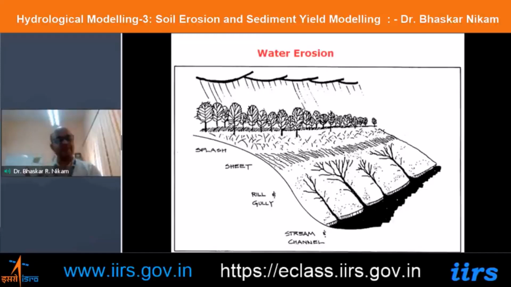But in case the rainfall persists for a long duration or the rainfall is very high, the remaining water, the difference between the infiltration capacity or infiltration rate of the soil and the rainfall intensity, will start rising on the surface, and it will generate a film of water on the surface.